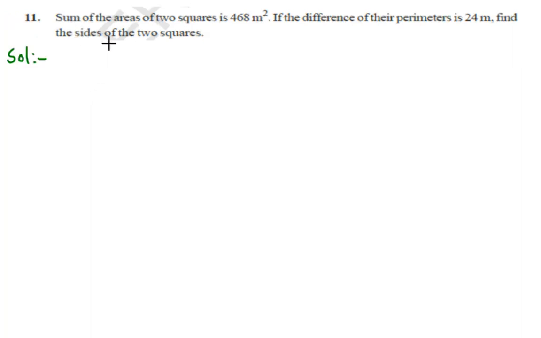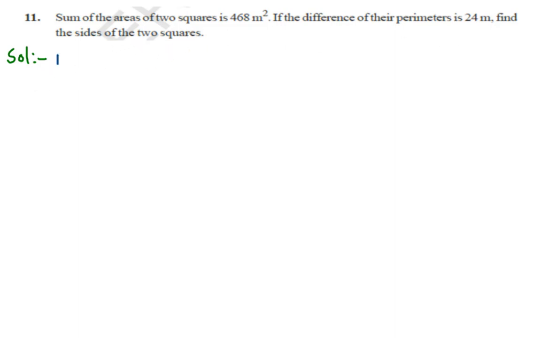So here we have the sum of the areas of two squares as 468 meter square, and the difference of the perimeters of those two squares is 24 meters. And here we don't know the sides of these two squares.